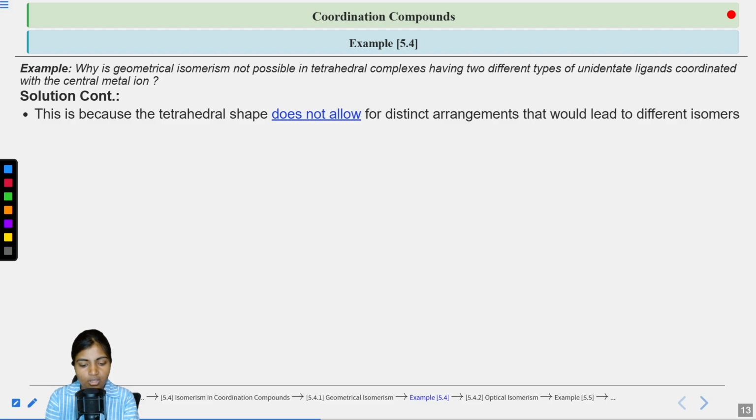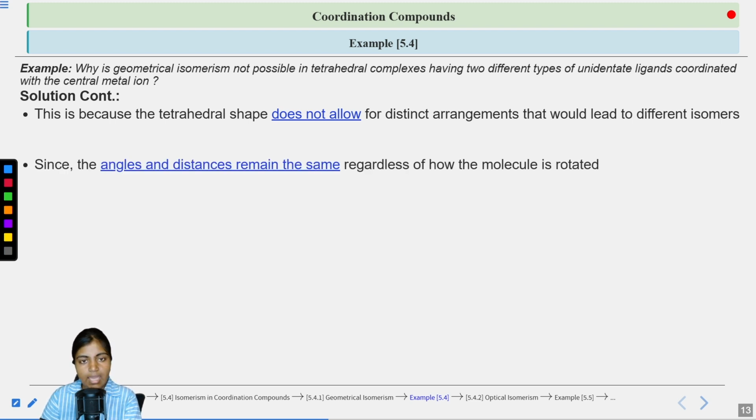So it does not allow distinct arrangements of the atoms that would lead to different isomers, and if the complex structure does not change, they are not going to form isomers. The bond angles and bond distances remain the same, regardless of how the molecule is rotated.